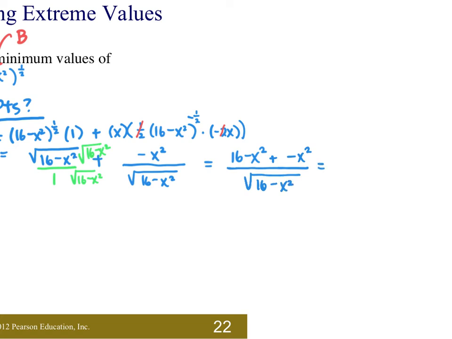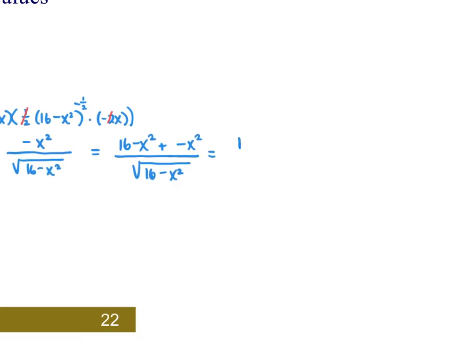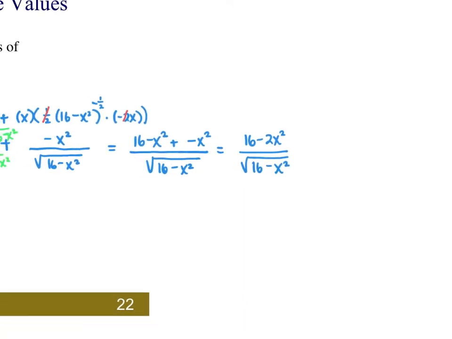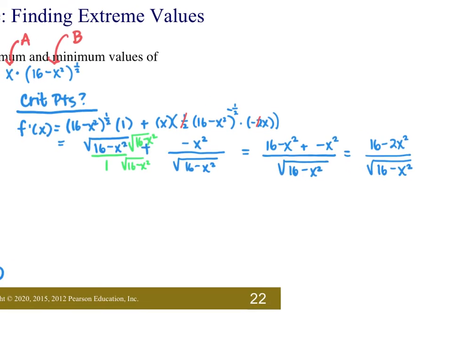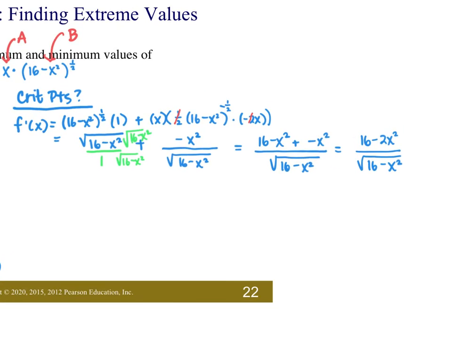So if I simplify that, I'll have 16 minus 2x squared over rad 16 minus x squared. Now the 16s don't reduce because this is a subtraction problem. The x squareds don't reduce. What I want to do is set that equal to 0 and equal to undefined.